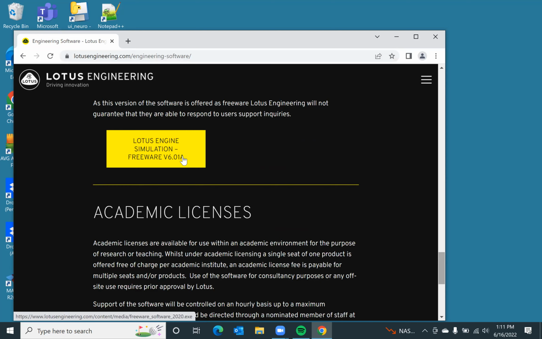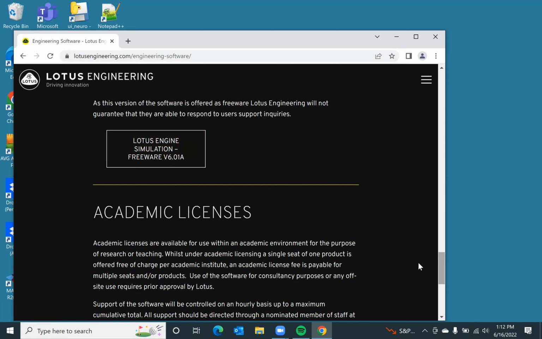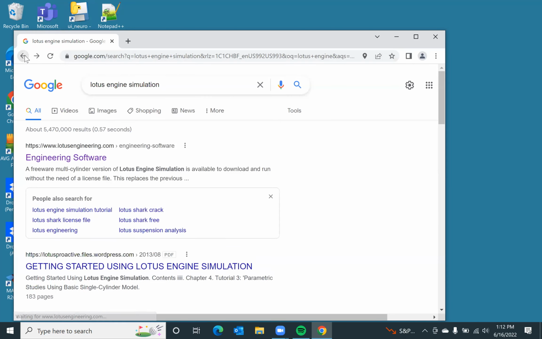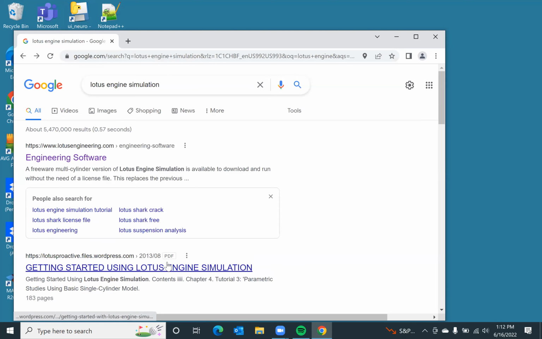So please download this software and install it on your machine. And once this software is installed, I will show you what will happen. There is also a fantastic help file, Getting Started Using Lotus Engine Simulation, that actually walks you through. There are tutorials, and I'm going to show you this.